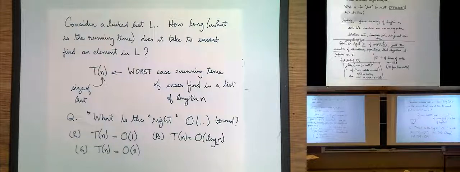Okay, so what is the answer? That's right. It is O of n. This is something that you're all familiar with. And the reason for that is you know that you might have to traverse the whole list.